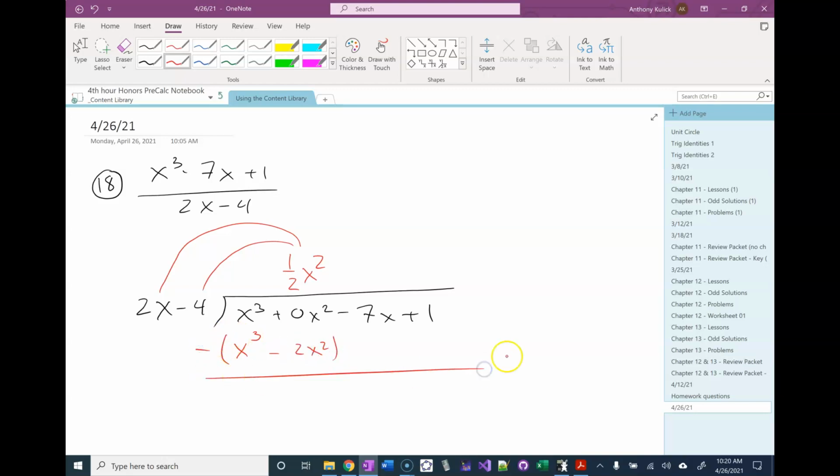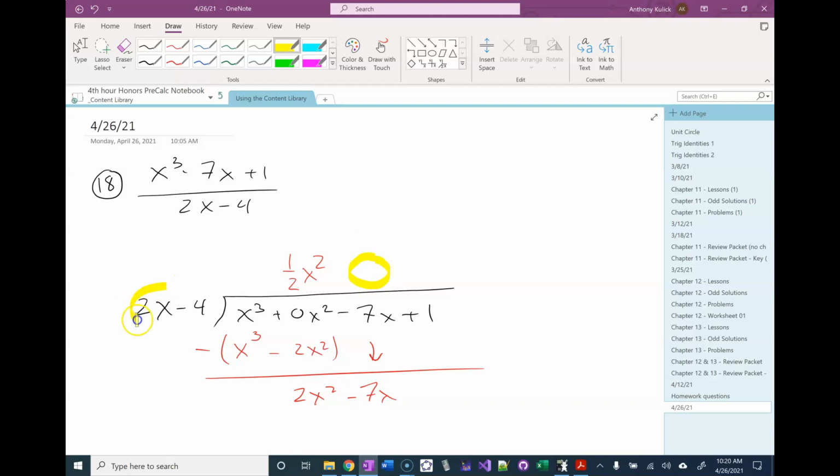And then I subtract down. So x cubed minus x cubed is 0. And 0 minus a negative 2x squared is 2x squared. And then I bring my next number down. 1/2 times negative 4 is negative 2. Okay?